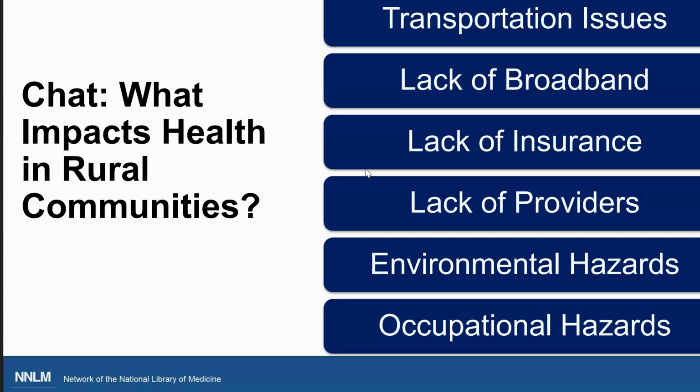Transportation, lots and lots of folks saying transportation, lack of broadband and connectedness to the internet, lack of insurance, lack of providers, especially those specialty providers, environmental health hazards, and then also occupational health hazards. So what you are seeing in your communities, what you are experiencing is what is being seen in those larger studies as well.